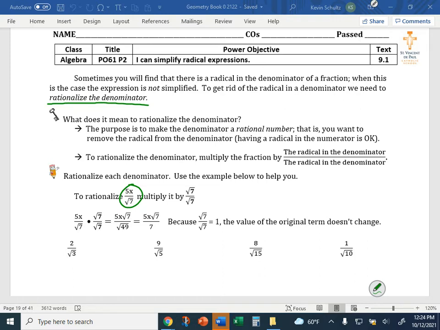Remember, rational numbers are anything, fractions, negative, decimals that end or repeat. Irrational numbers are decimals that go on forever. It's irrational. The root of any non-perfect square is irrational. I'll say that again. The square root of any non-perfect square is an irrational number.